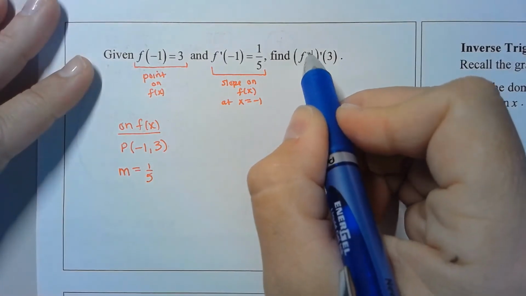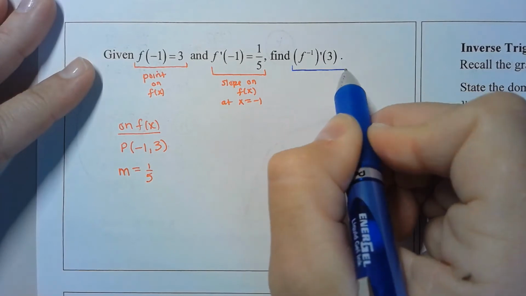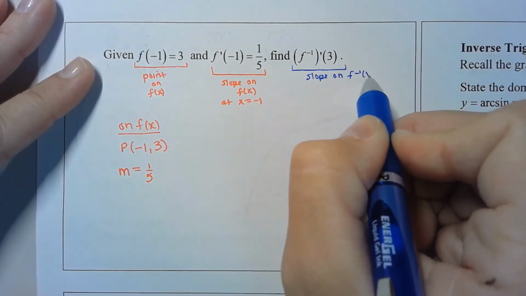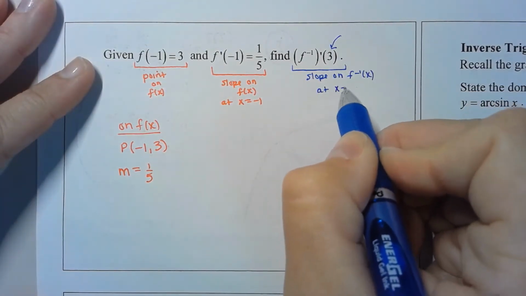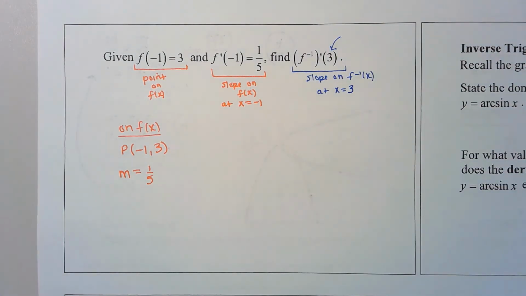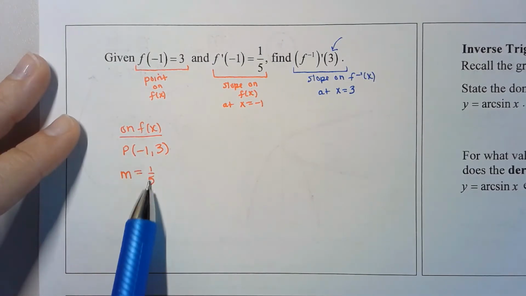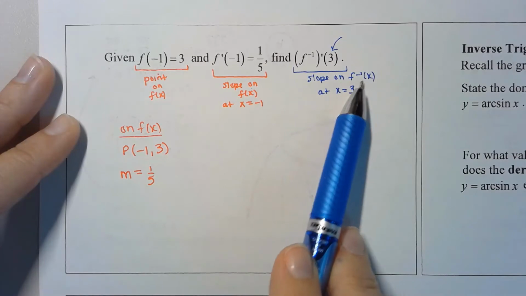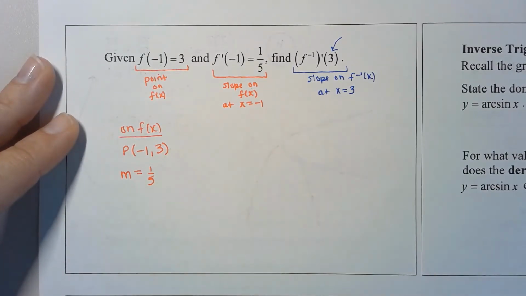Okay. Let's see what they're asking us to find. Find the derivative of the inverse of f. So they want the slope on the inverse at x equals 3. So they give us the point on the original and the slope at that point. They want the slope on the inverse at a completely different point. Okay, let's come back to that.